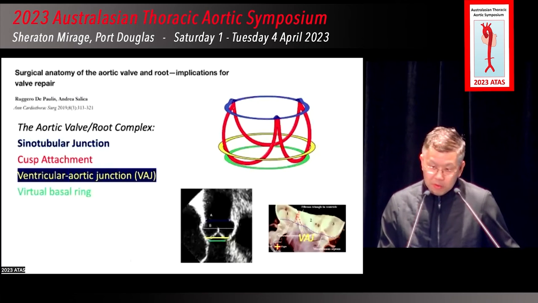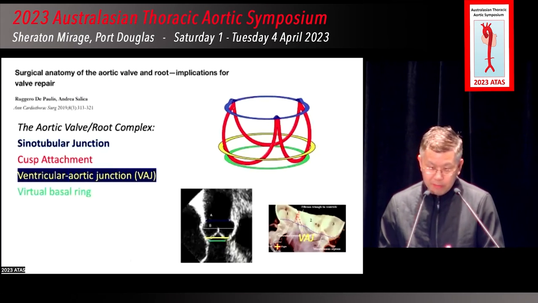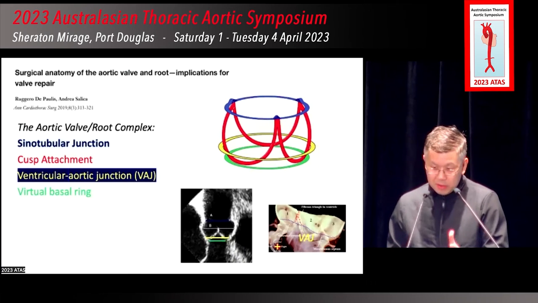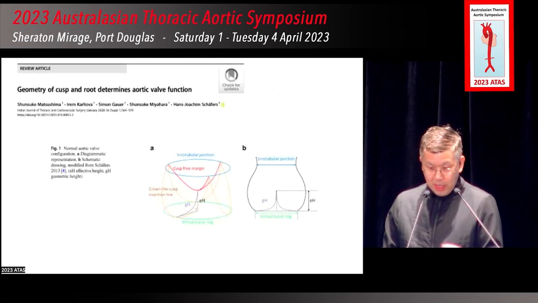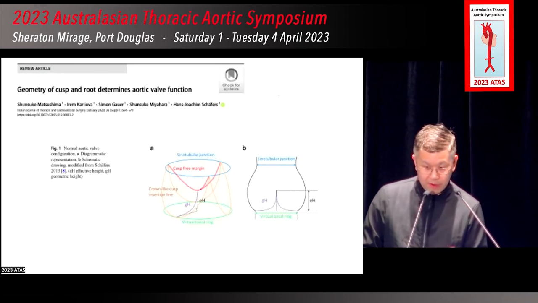So when you think about the anatomy of the valve and the root and the implication for valve repair, we've seen this in earlier sessions. The valve root complex is the STJ, where the cusps attach, the VAJ, and the virtual basal ring. And on the right here you've got the geometric height and the effective height of cusp coaptation.